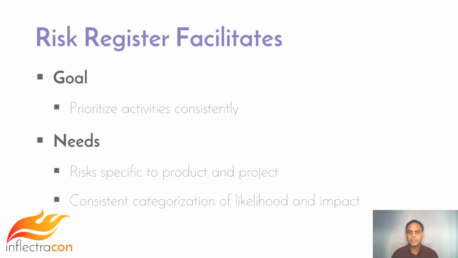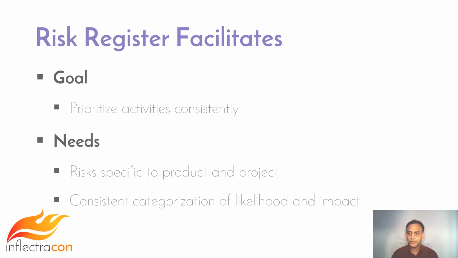The risk register is an important artifact that is used widely in all industries. The goal of the risk register is to facilitate prioritization. The concept of strategic prioritization is present in traditional, agile, and hybrid approaches. Risks can emerge from many areas.